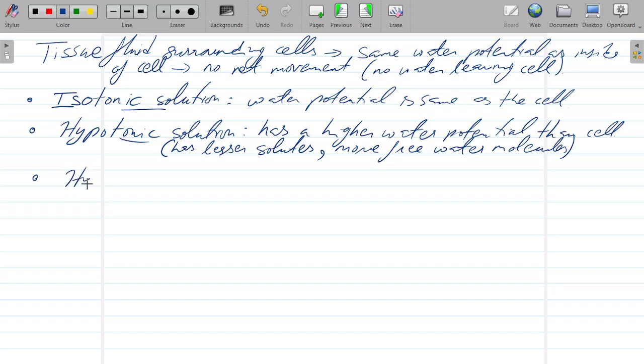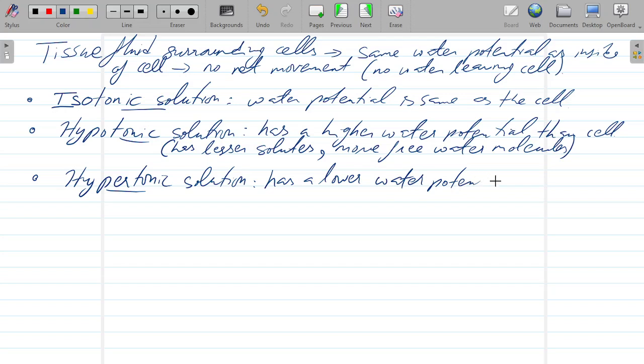And the third type of solution is called a hypertonic solution, which means it has a lower water potential than the cell, which means it has more solutes and fewer free water molecules.